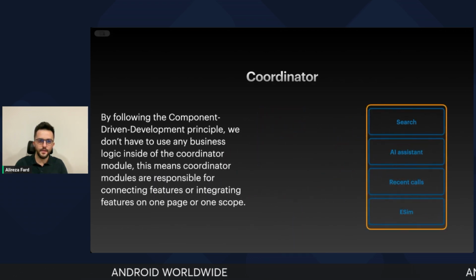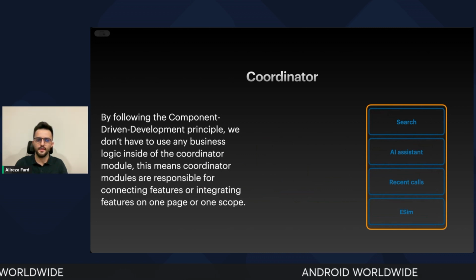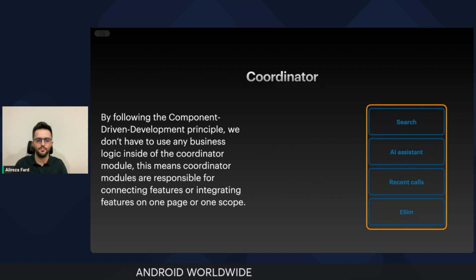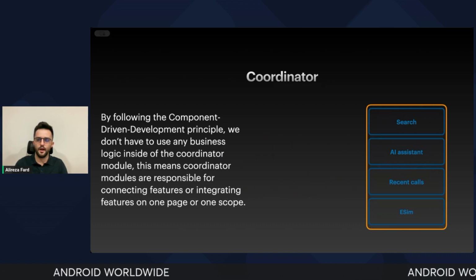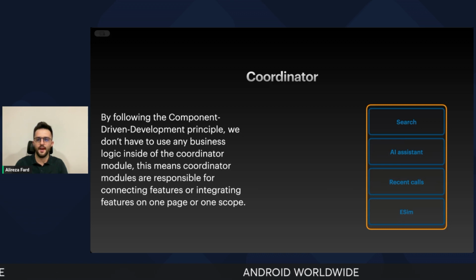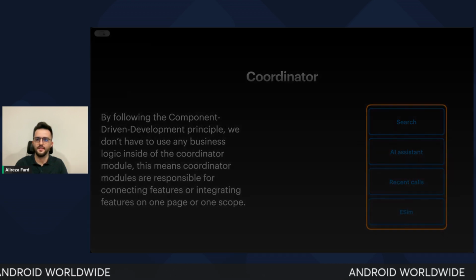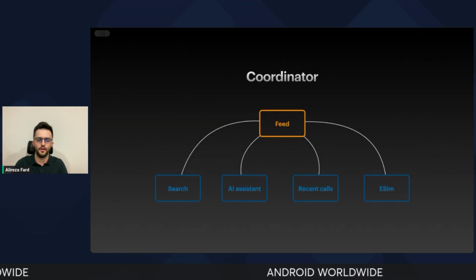And with the help of the component-driven principle, you can be component agnostic. It means your feature will always be the same as other features from the coordinator's perspective, and the coordinator can replace it based on some conditions.